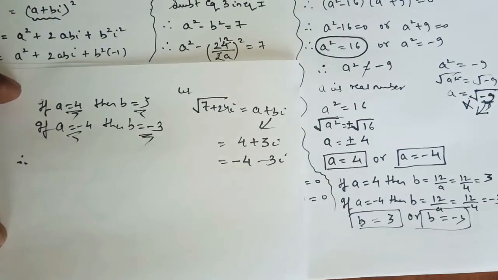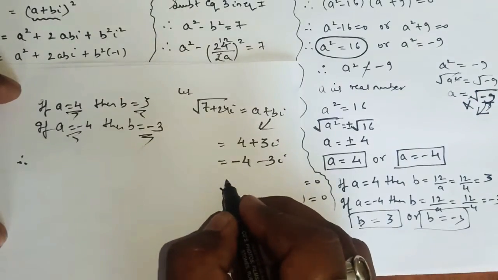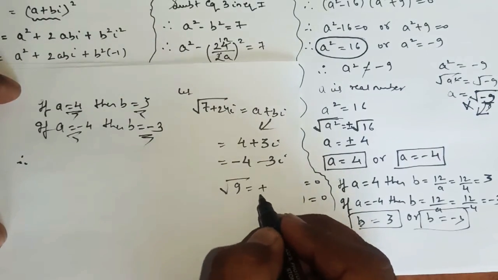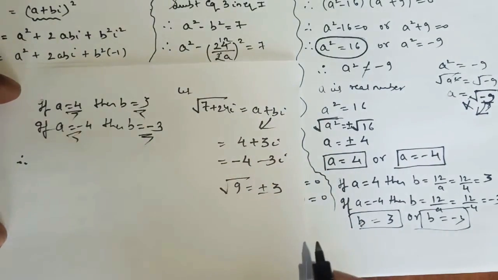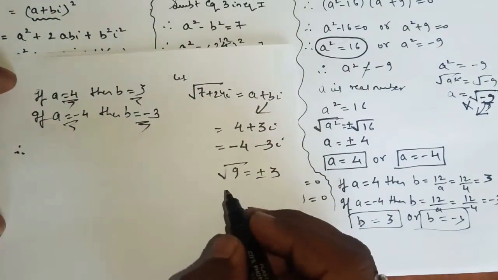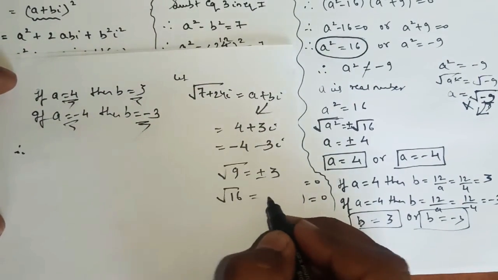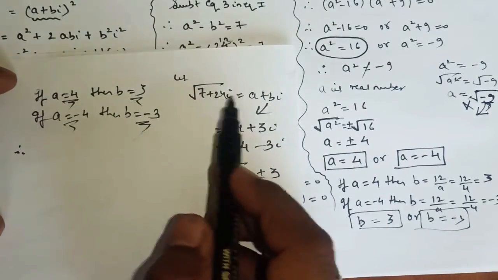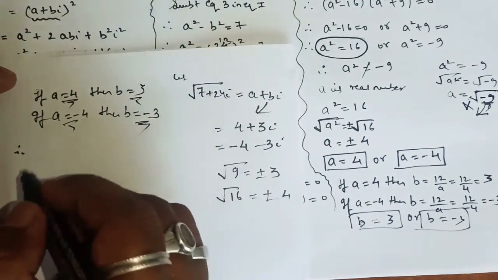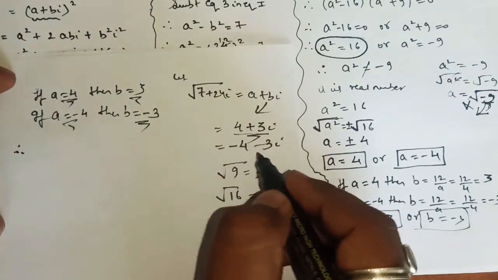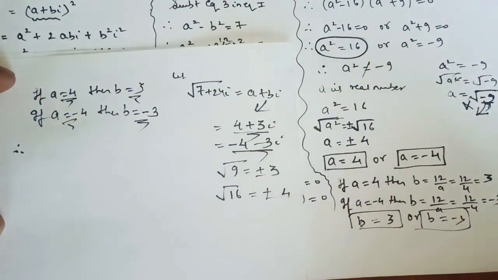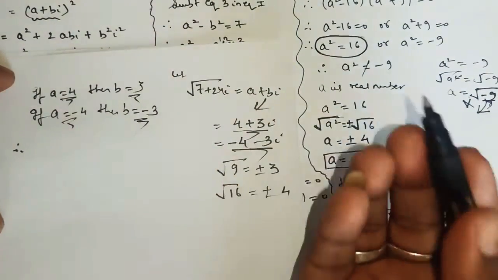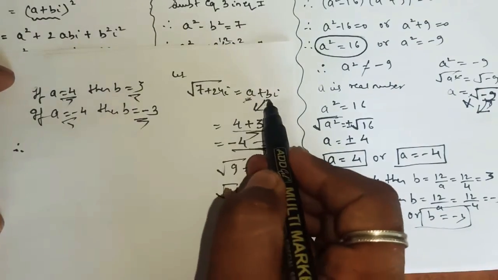So that is what I told, whenever you are finding the square root of any particular number, you will get two answers, one positive and one negative. If you want to find the square root of 16, you will get plus minus 4. In the same way, the square root of 7 plus 24i: one answer will be 4 plus 3i, and the second answer will be minus 4 minus 3i. How did you get this answer? Simply replace the value of a and b.